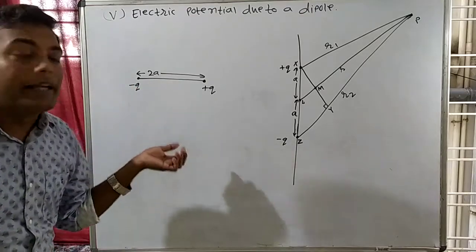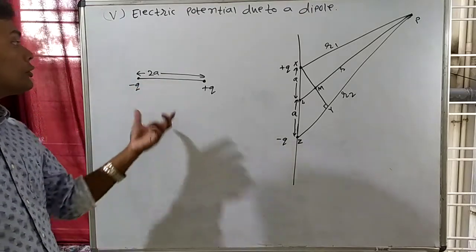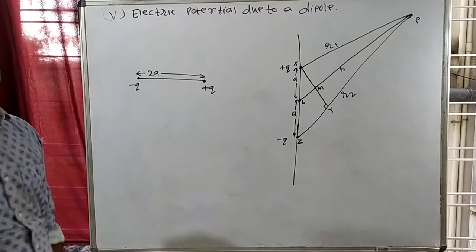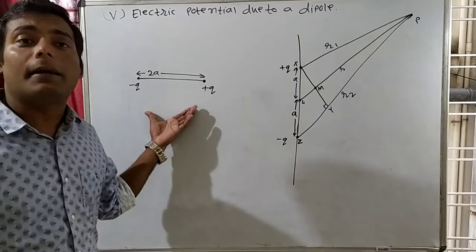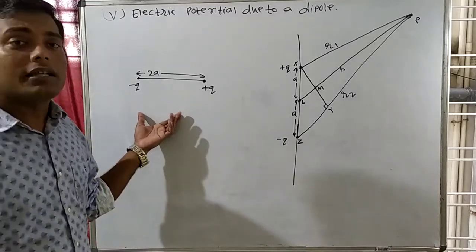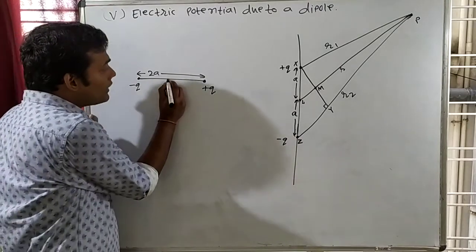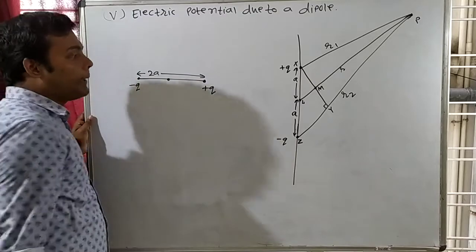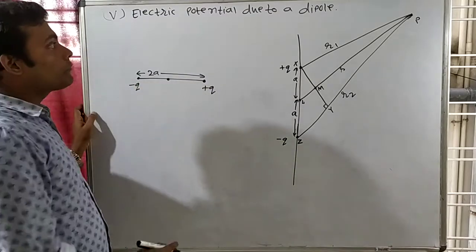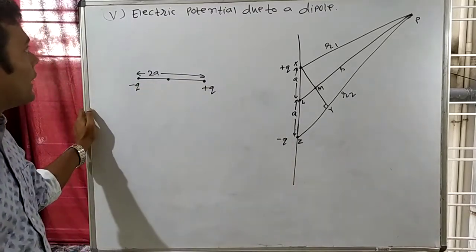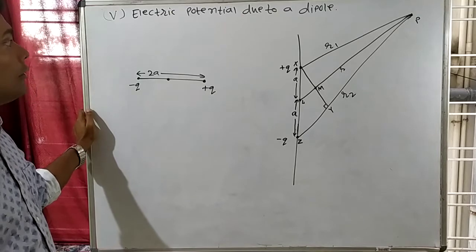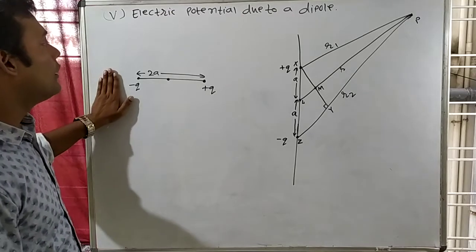In some books you can find 2l, right? So two equal and opposite charges separated by a certain distance is known as electric dipole. This point is known as the middle point of the dipole. Is this clear?